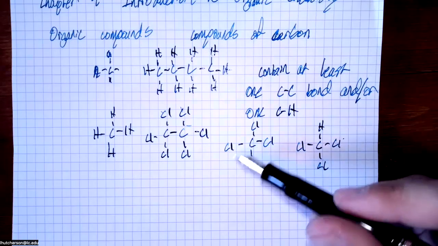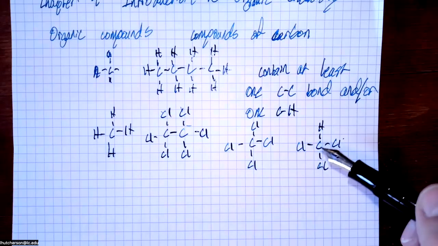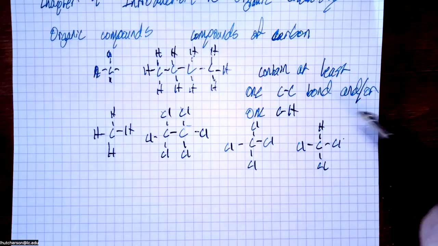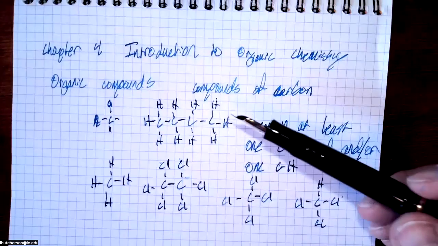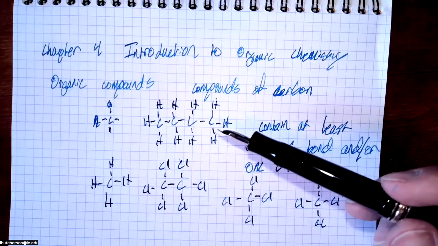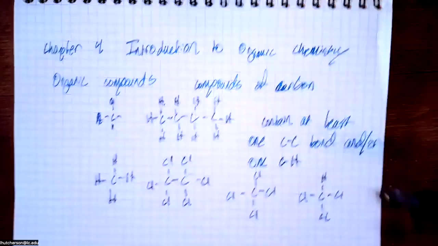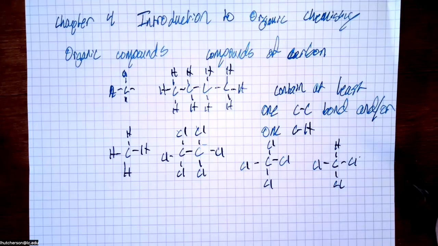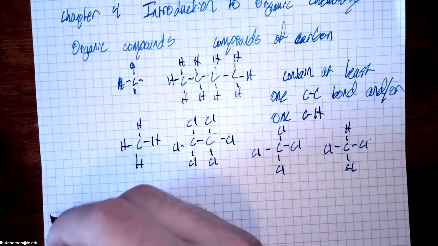This one we don't have any carbon-carbon or carbon-hydrogen bonds. This one we do have this one carbon-hydrogen bond. Or of course, the vast majority of organic compounds that we look at are going to have some combination of both carbon-carbon and carbon-hydrogen bonds. But just making the point with that. All right.